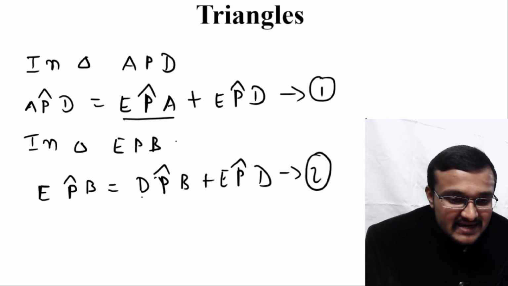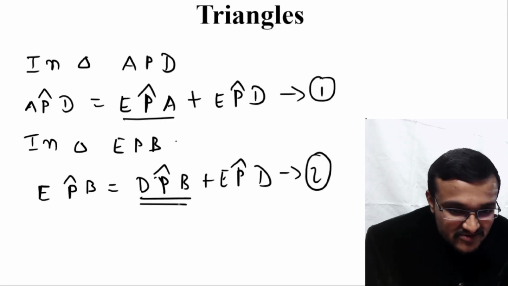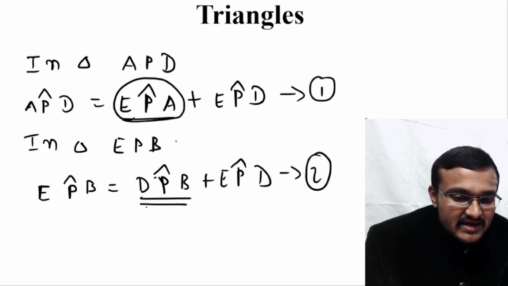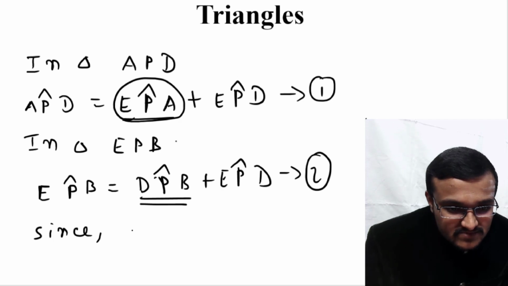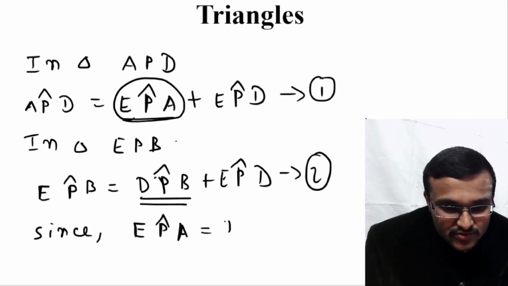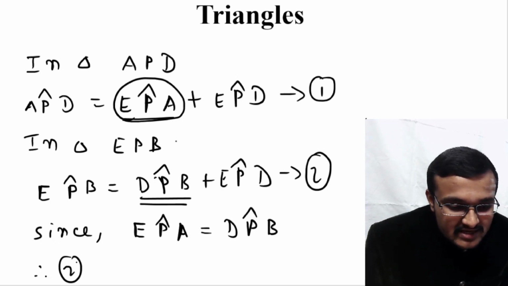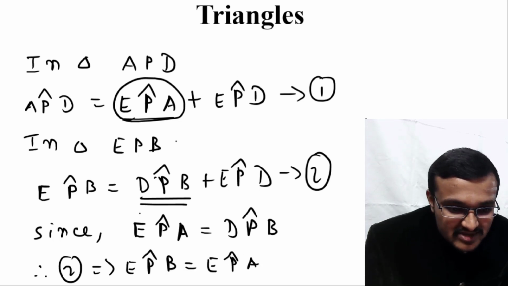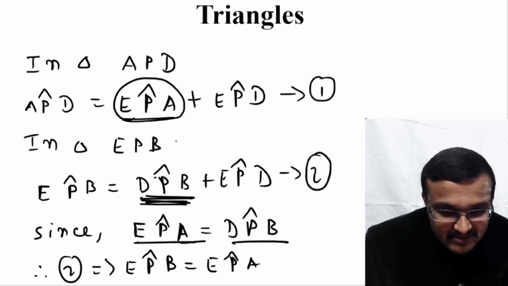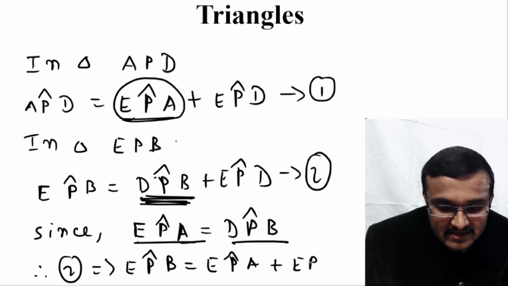And we know that EPA and DPB are equal to each other. So in the place of DPB, I'll write EPA only. Since EPA is equal to DPB, therefore equation 2 I can write as EPB is equal to EPA plus EPD.